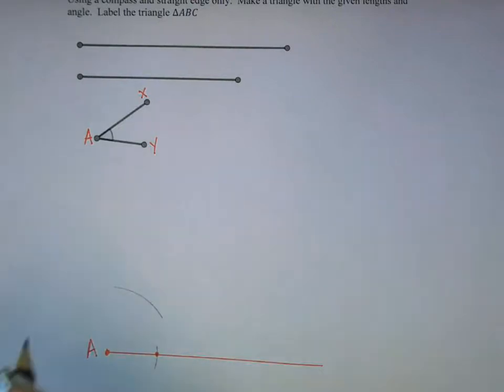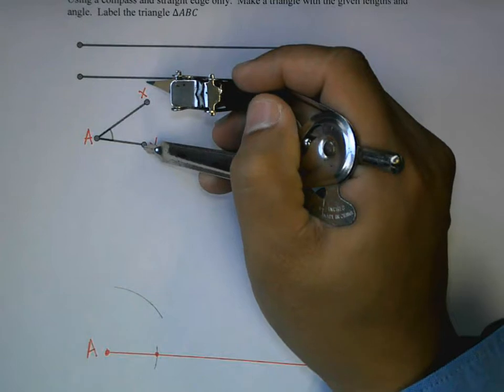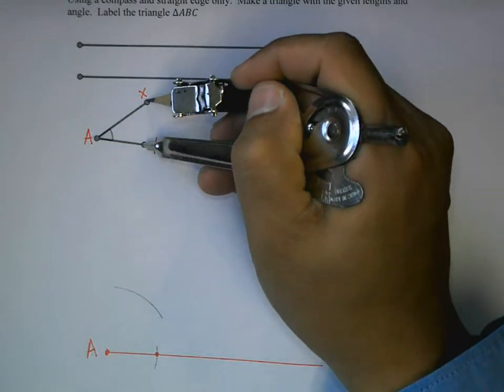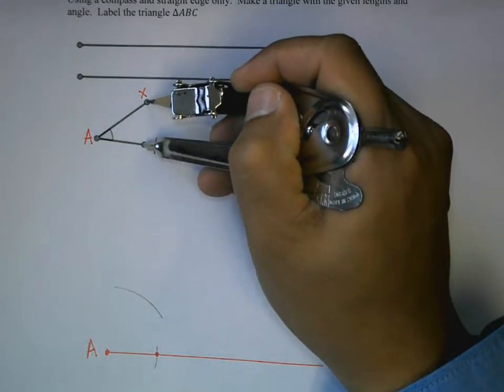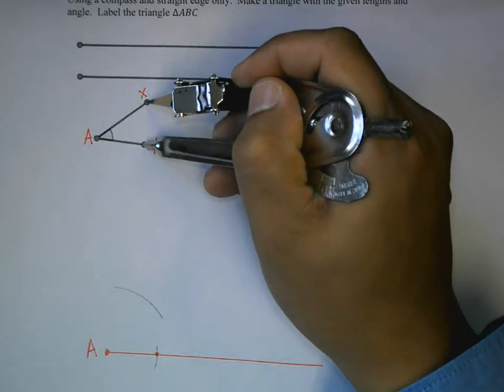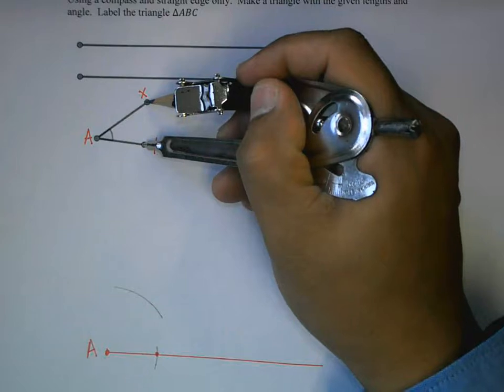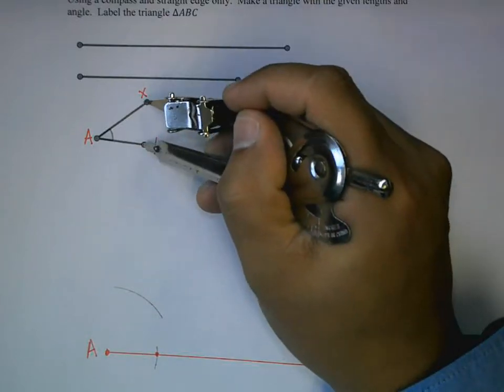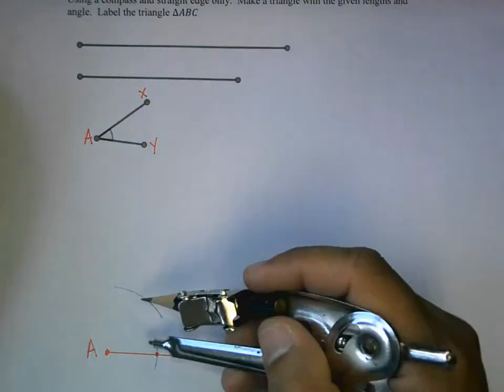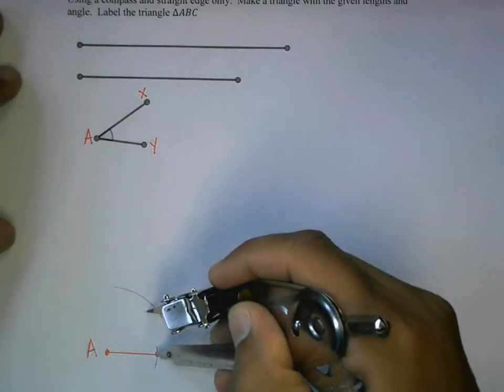So in order to pinpoint it, we need to get an intersection. Remember that one of the key things about constructions is finding intersections. That's how you pinpoint. You know for sure where to put certain points. So we're going to set the needle of the compass on Y, the pencil on X, and then transfer it over here and replicate.